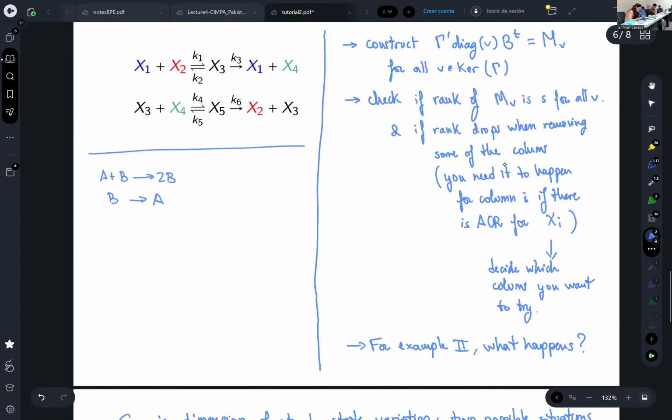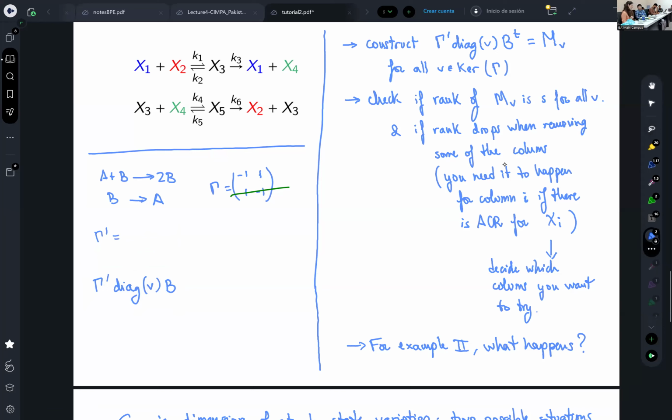And I computed the stoichiometric matrix before. It was like this. And I know that one of these is redundant. So if I want to compute this matrix, I need the reduced version.